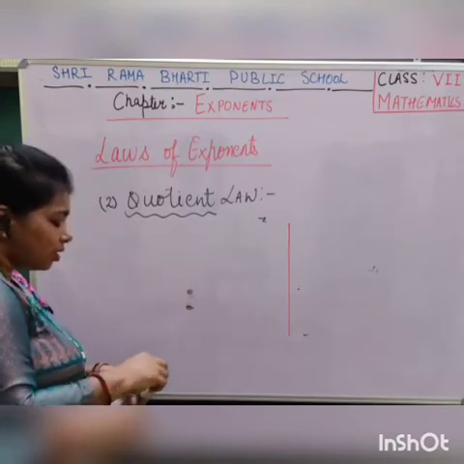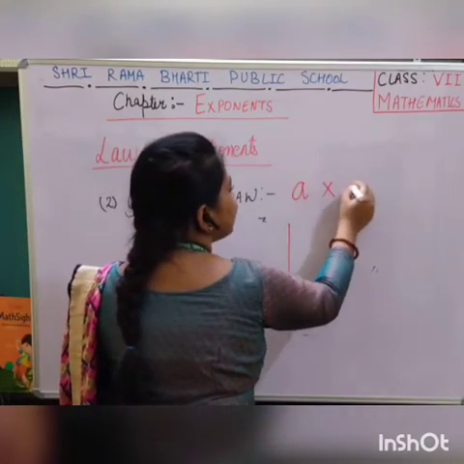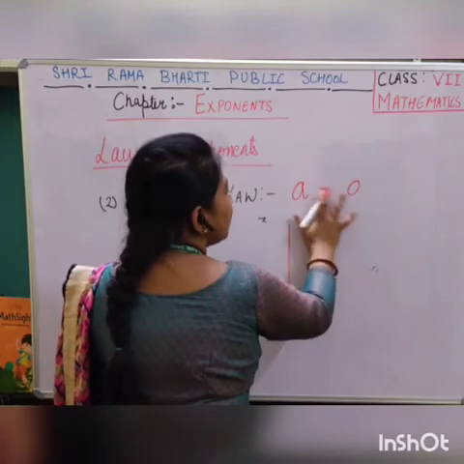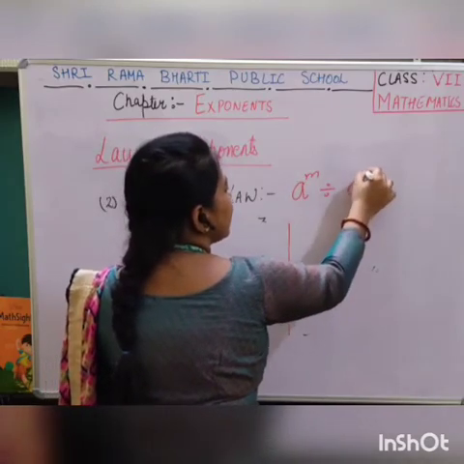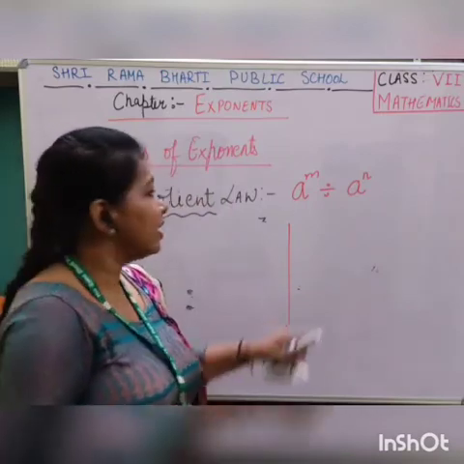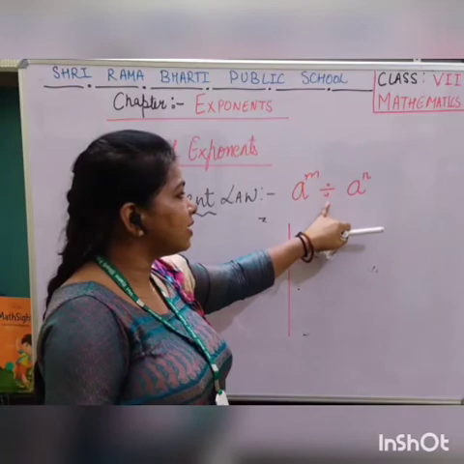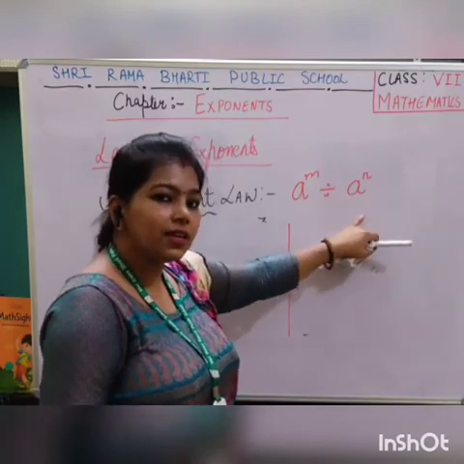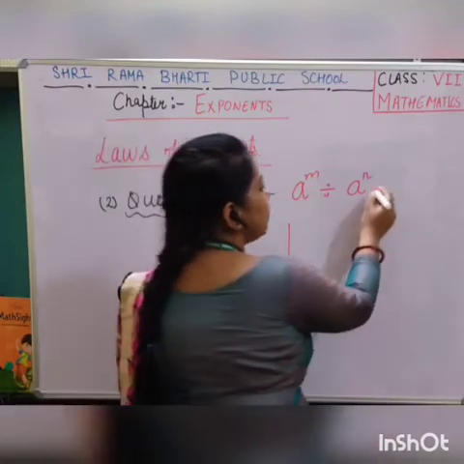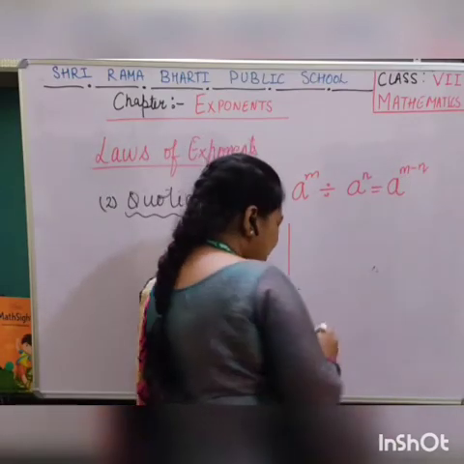So this law says when the numbers are dividing, right? Here you can see a raised to the power m is getting divided by a raised to the power n. They are dividing. So what we will do? It will be equal to a raised to the power m minus n.